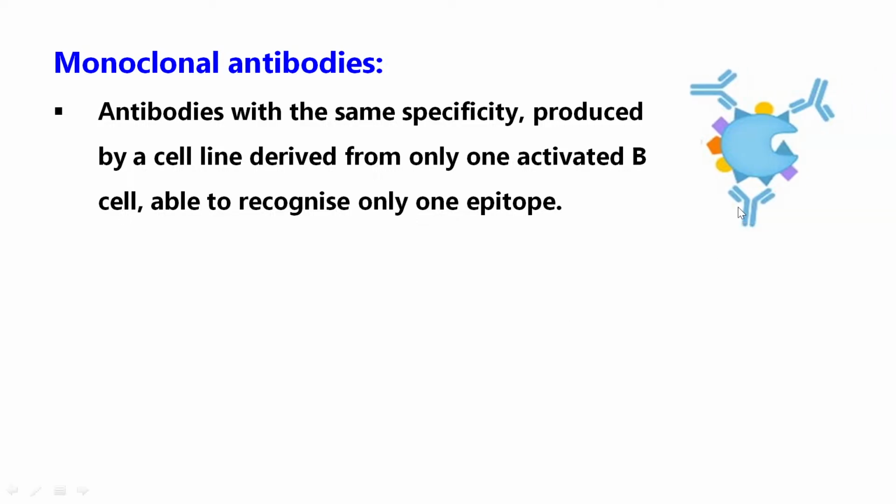Here you can see you have an antigen with several different epitopes on its surface, but our monoclonal antibodies, which are depicted in blue, can recognize only one specific type of epitope of all the different types of epitopes that are present on this specific antigen.